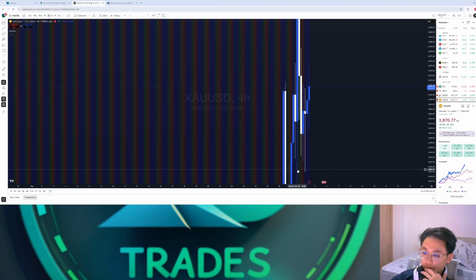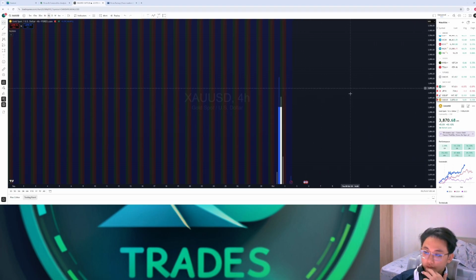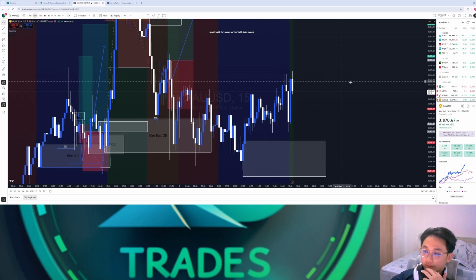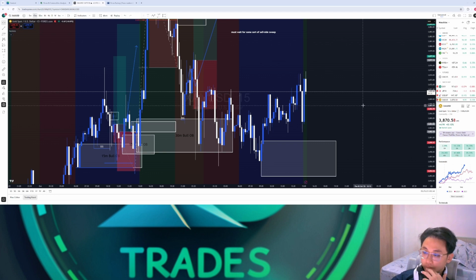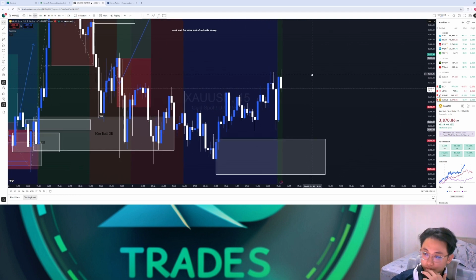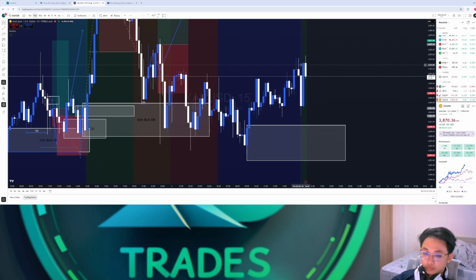Because I see a very high time frame sell side sweep here, it's very probable we can hit the draw on liquidity here, or even here. That's what I'm thinking. I also have to check on the XY to see the price action on it. So that's all.